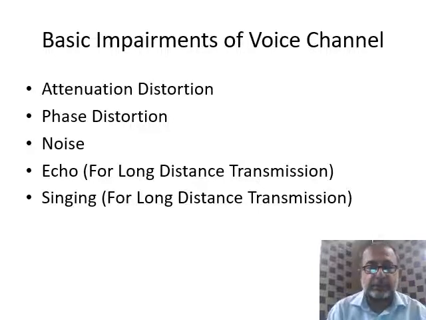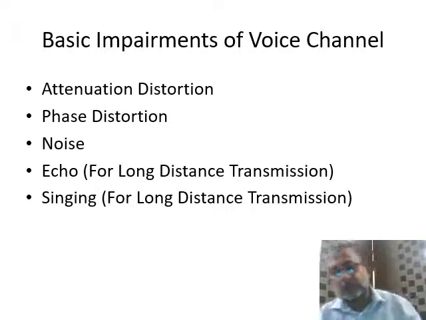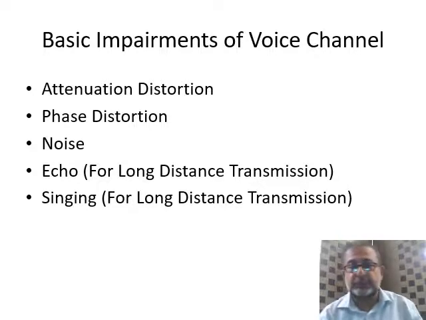If, even at your own end, you hear your voice's echo, you will not feel comfortable. So it is better to get rid of all of these, or reduce these impairments as much as possible.